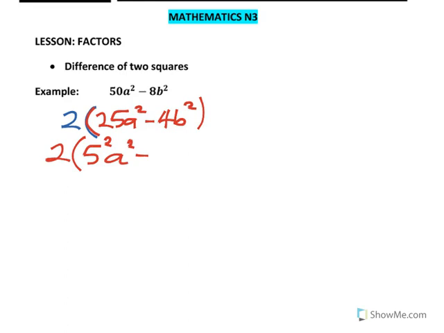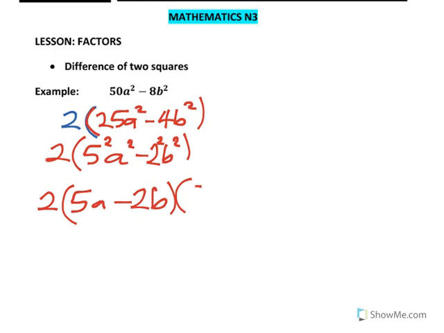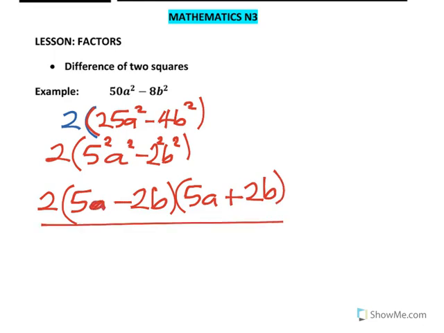What is 4? 4 is 2 squared, b squared. If you look at it, now you are going to have a 2. Now pretend you don't see the squares. Pretend you don't see anything on the squares. What you're going to have is 5a minus 2b, and also the other one is the same thing, 5a plus 2b, because in a difference of two squares, the other one is negative and the other one is positive.